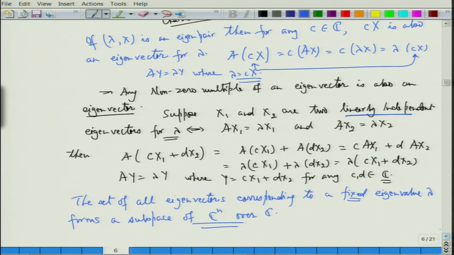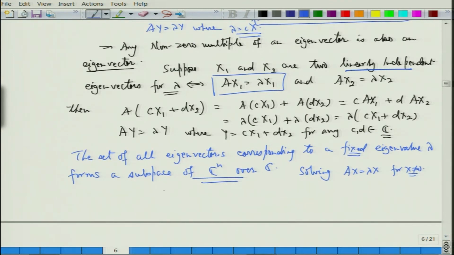Fine. And if you see, basically what we are doing is, at each stage we are solving the system Ax is equal to lambda x for x not equal to 0. All right, fine. So what we are doing here is we are looking at all x belonging to Cn such that (A minus lambda I) of x is equal to the zero vector.